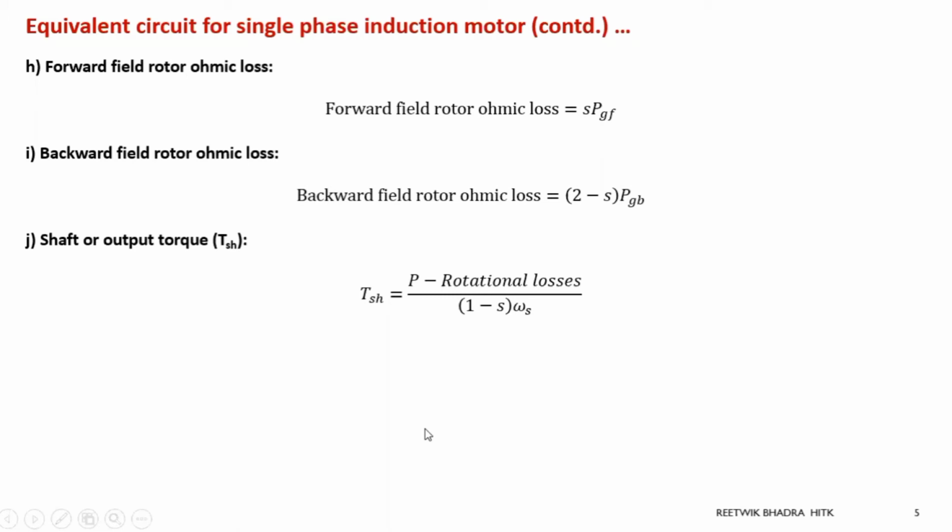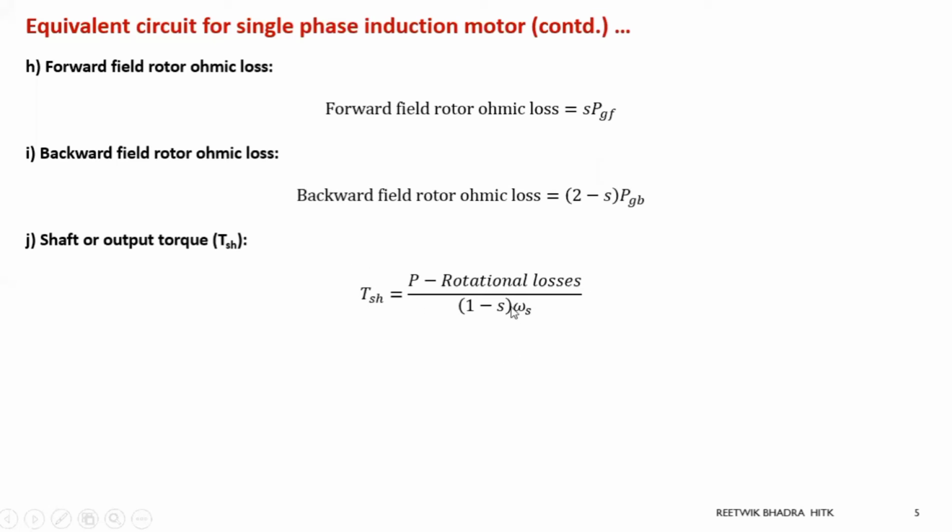So my reference is the three-phase induction motor, and from that we are deriving the equations of single-phase induction. So P minus rotational loss, and shaft torque will obviously be divided by omega R, the rotor speed. So what will be omega R? 1 minus S into omega S. The units are Newton meter.